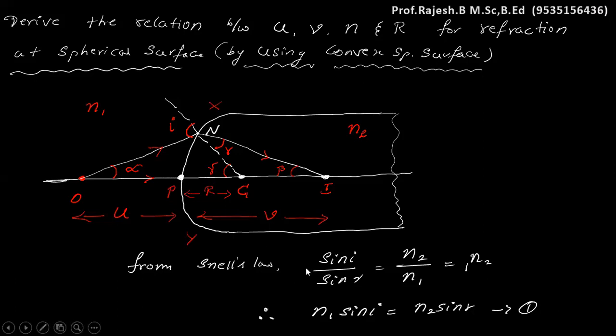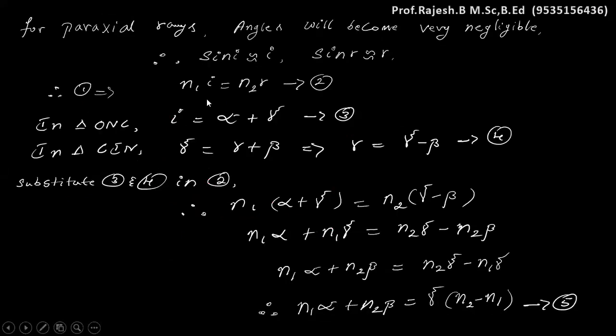Start from Snell's law, sin i by sin r equals N2 by N1. Cross multiply these two and you'll get this equation. Now for the paraxial ray condition, the ratios of sines can be neglected, so you can write it as N1 i is equal to N2 r. Now consider the two triangles ONC and CIN.